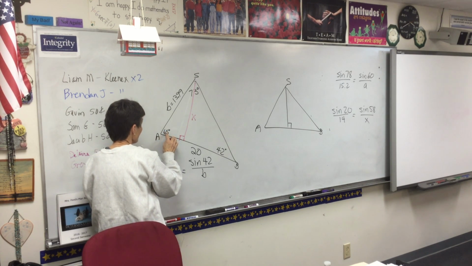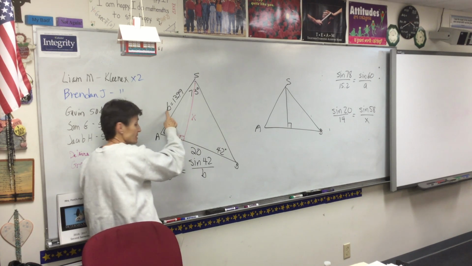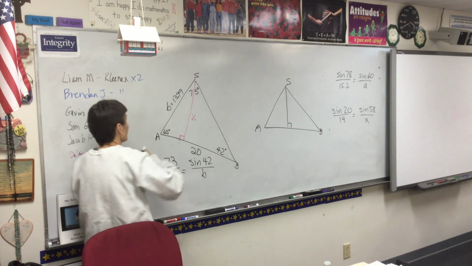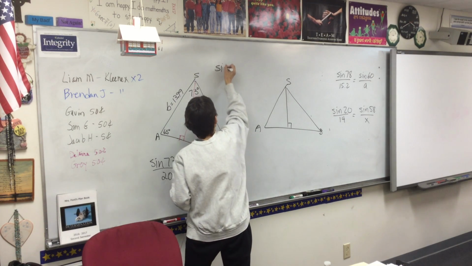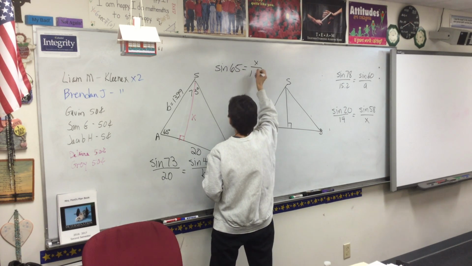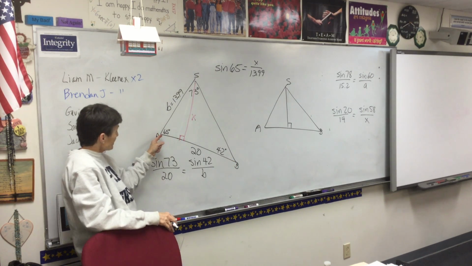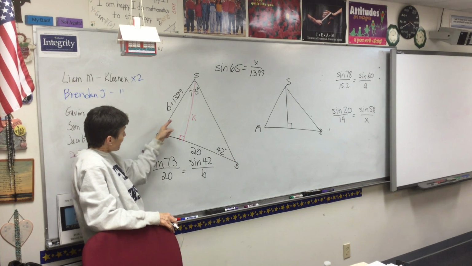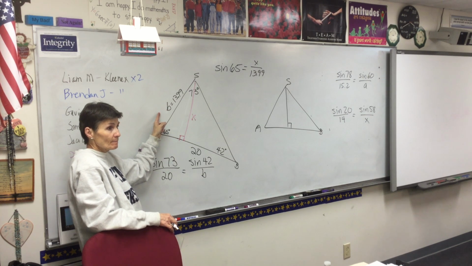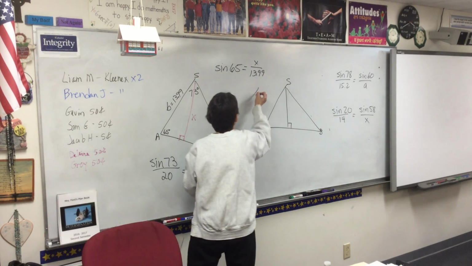We know that this side is the opposite side, and this is the hypotenuse. So could I say sine 65 equals x over 13.99? Would that be a legitimate thing? And then I can solve, and I'll have x.